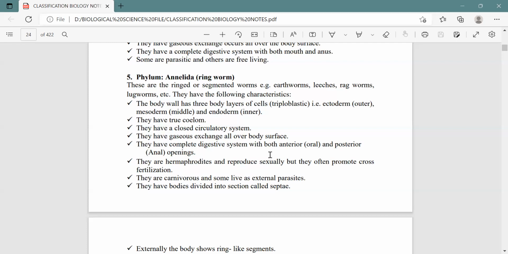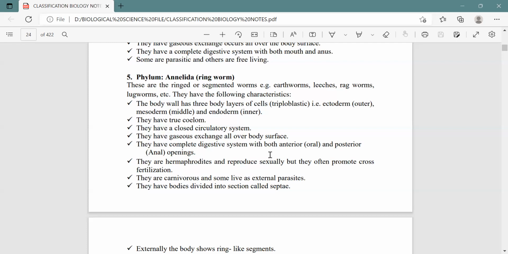For example, they may bring you a question and they tell you that organism Y has a closed circulatory system. Number 2, gas exchange occurs all over the body.